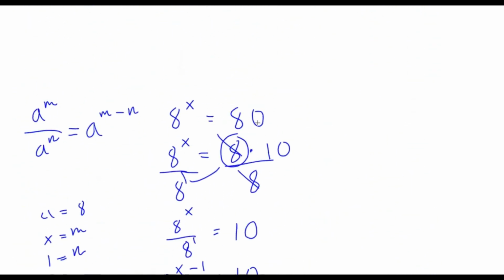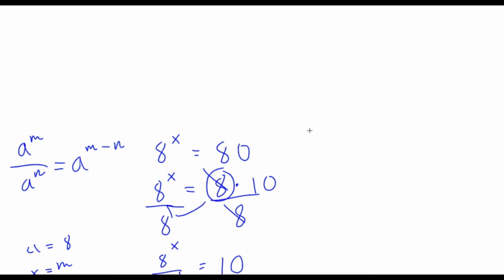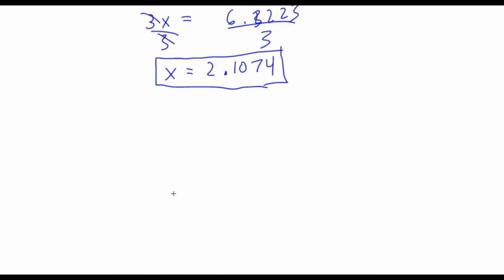And now, remember our original equation was a to the power of x is equal to 80. So if I plug in 2.104 into my calculator, so 8 to the power of 2.104, let me plug that into my calculator.